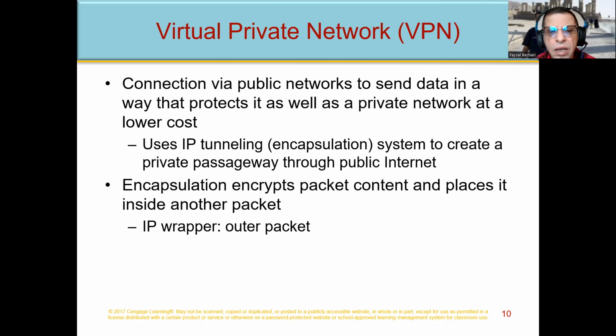You can use what you call IP tunneling, and we'll explain what IP tunneling is and how it works. You encrypt the packet's content and place it inside another packet. It works like a wrapper, an IP wrapper, around the outer packets.